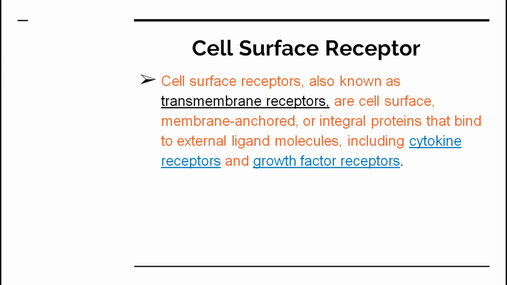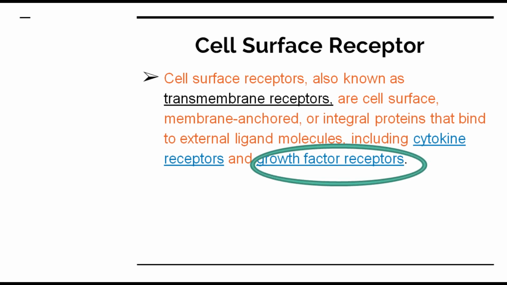Now, coming to cell surface receptors, they are also known as transmembrane receptors. These are cell surface or membrane anchored receptors, or integral proteins to be more precise, that bind to external ligand molecules, including cytokine receptors and growth factor receptors.